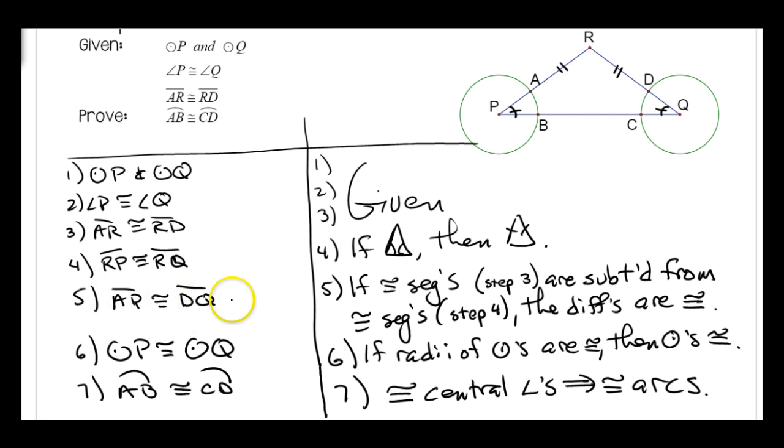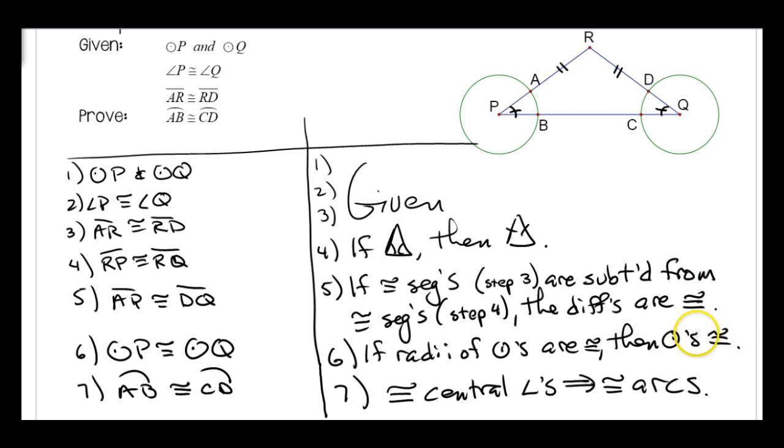And AP and DQ, these are the radii of the 2 circles. So if congruent segments, the ones in step 3, are subtracted from congruent segments, the ones in step 4, the differences are congruent. Now that I have these radii congruent, I can say that circle P is congruent to circle Q, because if radii of circles are congruent, then the circles are congruent.